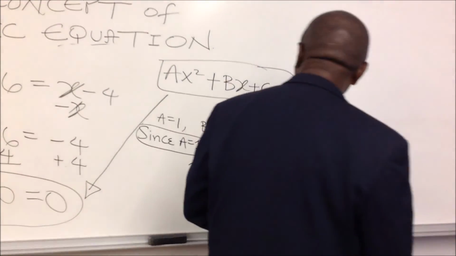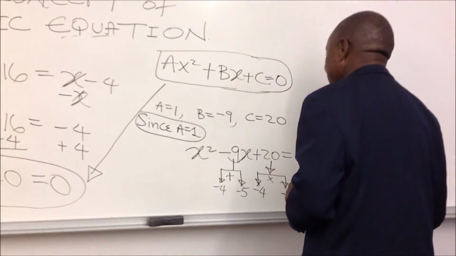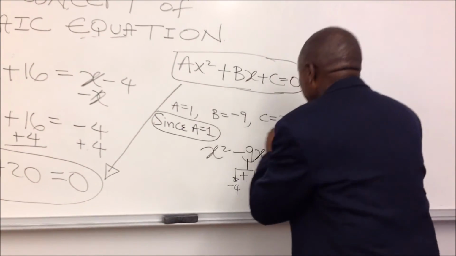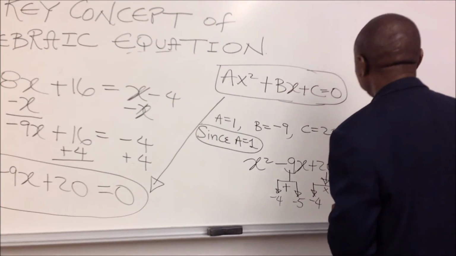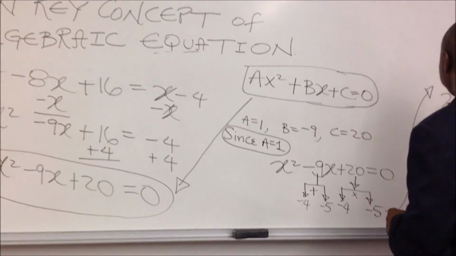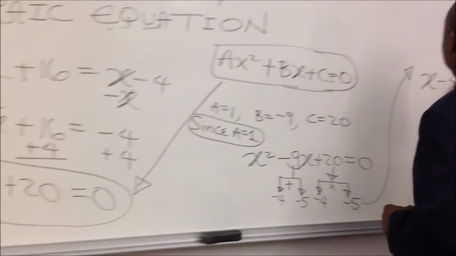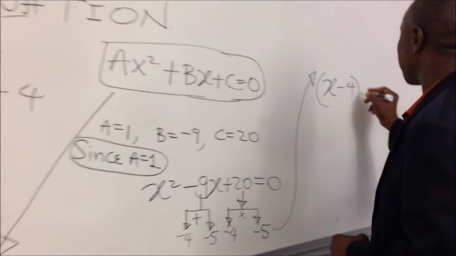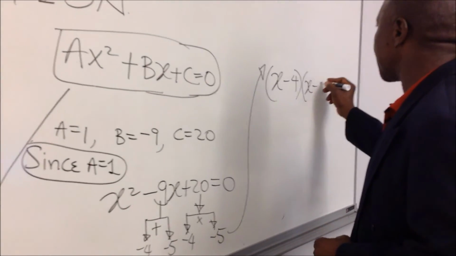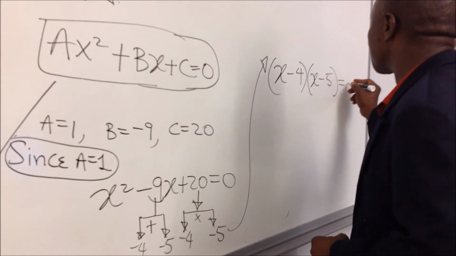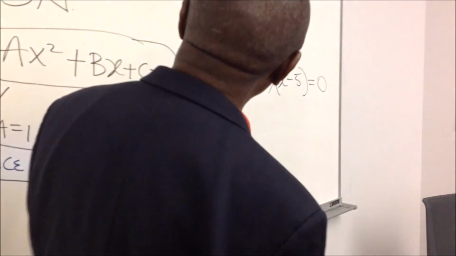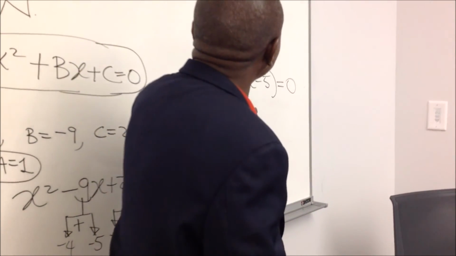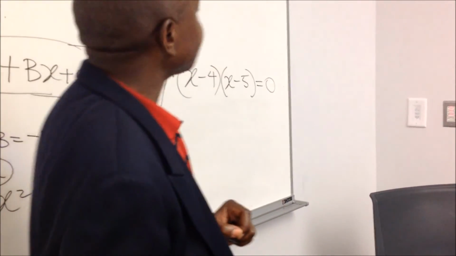So these are the two numbers we want in order to be able to solve this problem successfully. So that means now we have x minus 4 times x minus 5 equal to 0. I repeat, we now have x minus 4 times x minus 5 equal to 0.